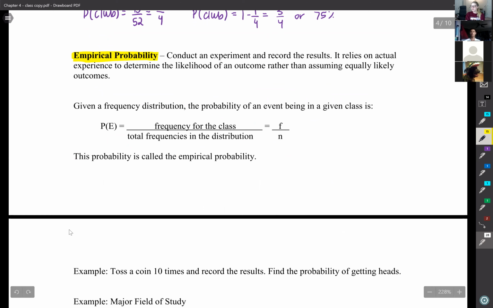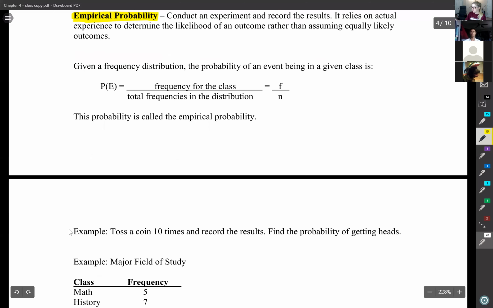So it's conducting an experiment and recording the results, and then it relies on actual experience to determine the likelihood of an outcome rather than assuming equally likely outcomes. So if you remember when we were talking about flipping a coin, we said, oh, you have an equal chance of getting heads and an equal chance of getting tails. This would be a little different.